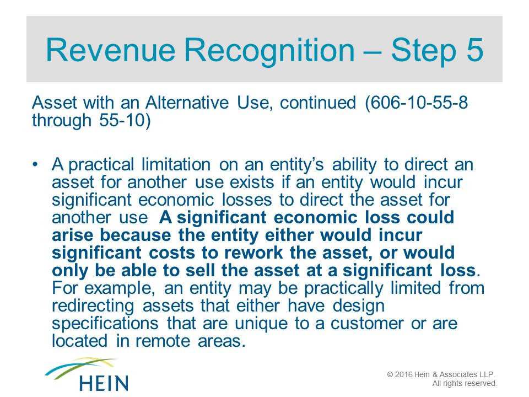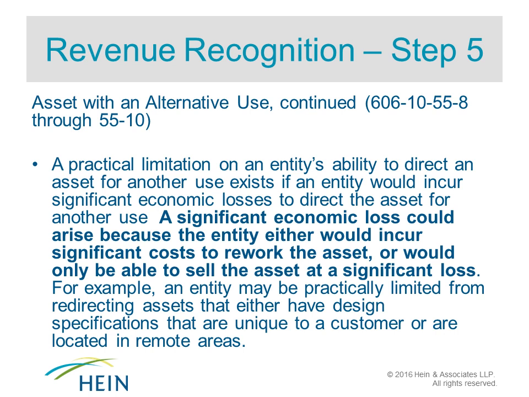And then for the second option, for an asset to not have an alternative use, there has to be a practical limitation on an entity's ability to direct the asset for another use. This would be the case if an entity would incur significant economic losses to direct the asset for another use.